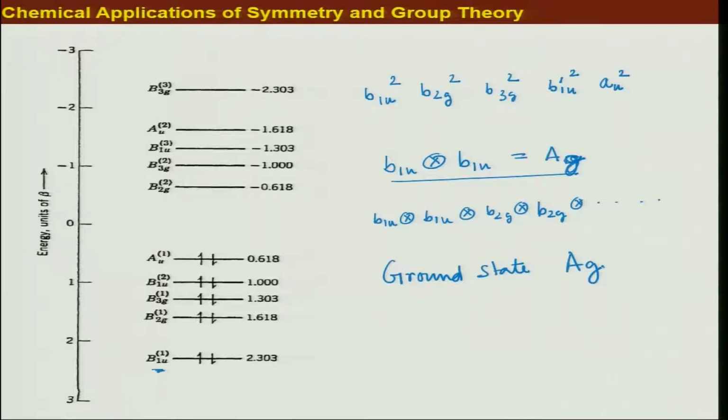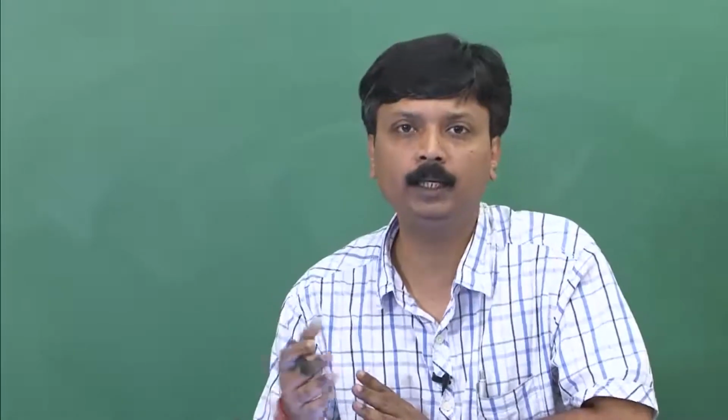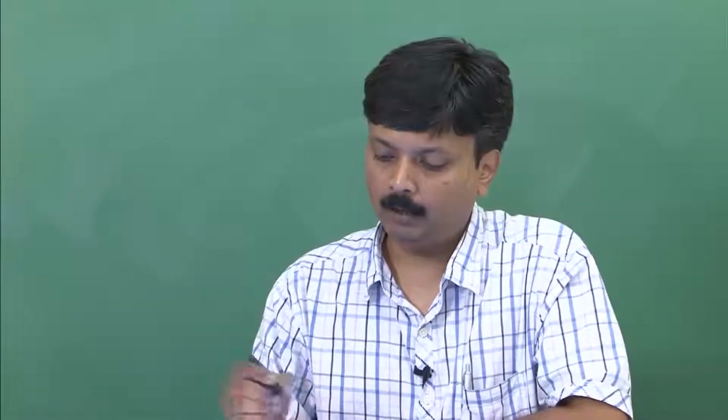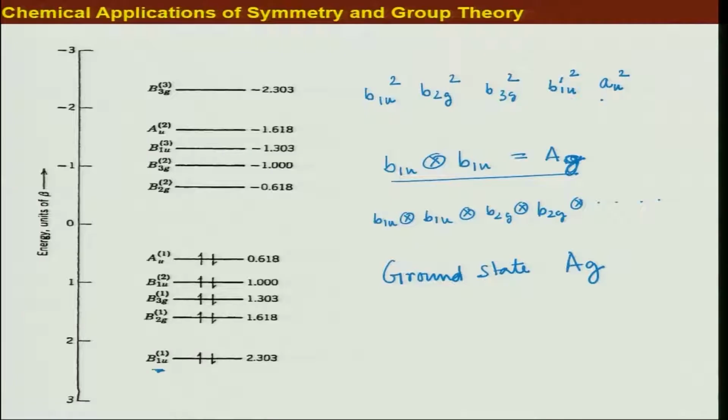And we also now know that if the configuration has all electrons paired up, I can ignore those and concentrate only on the orbitals which contain unpaired electrons. I should be worried about only those, but the others will always give you the totally symmetric irreducible representation. So this is my ground state.